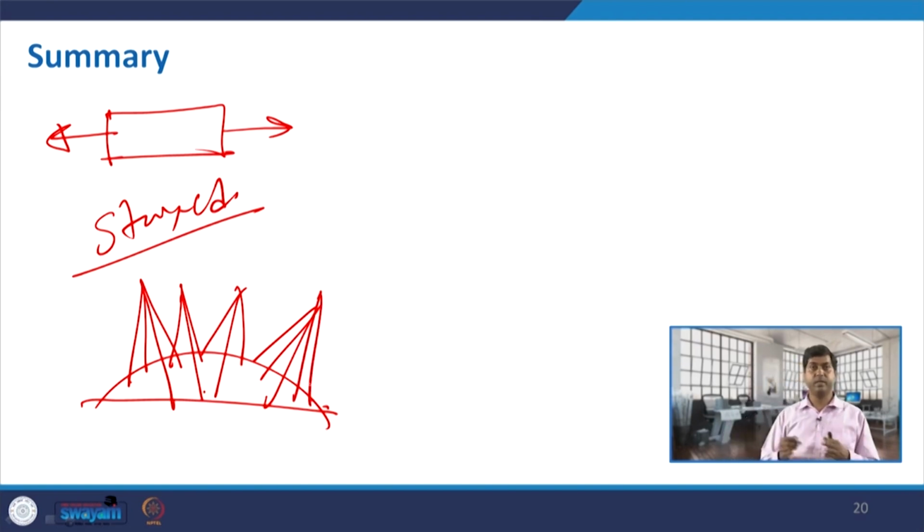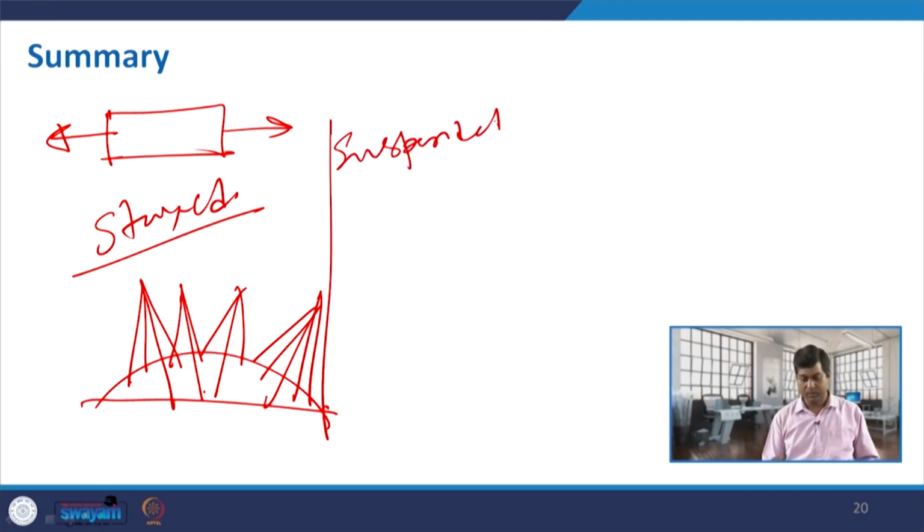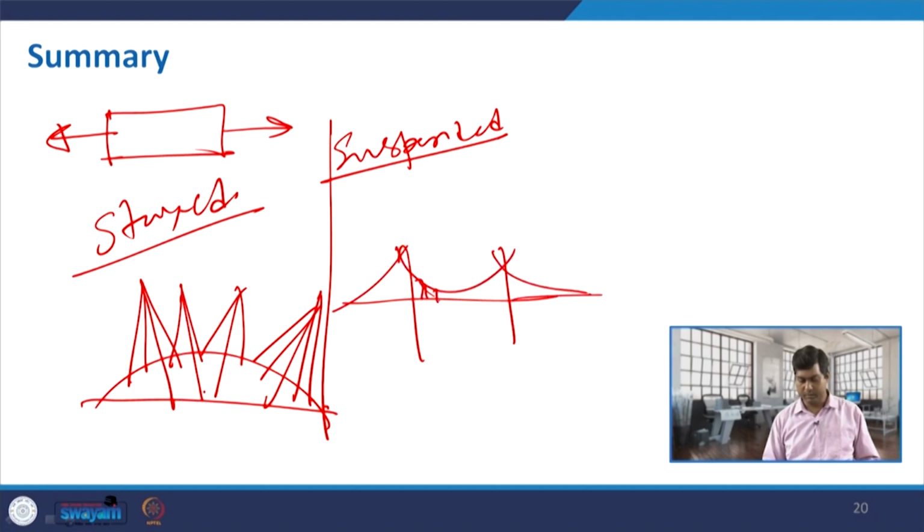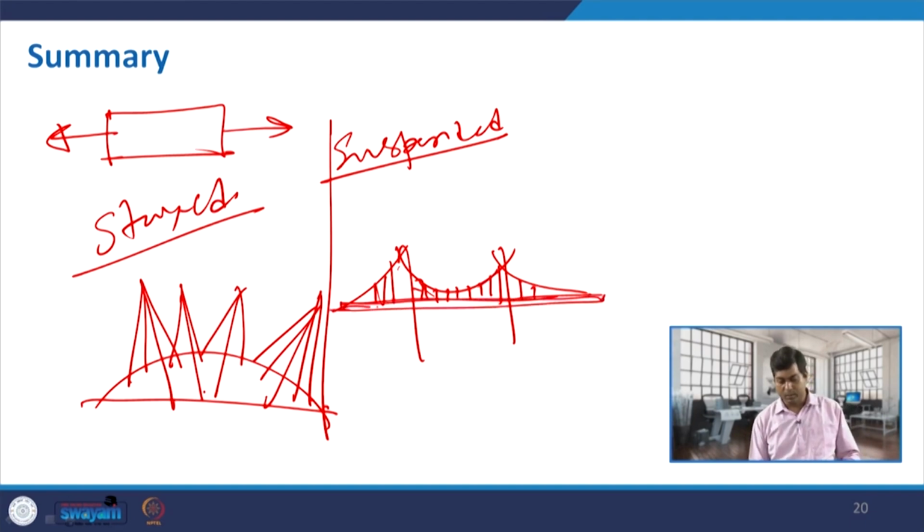So, this is the arrangement of the mast and the straight cable. The next one that we discussed is the suspended one. For the suspended one, we discussed the Golden Bridge, where the main cables and the suspended vertical members are taking care of the load applied on this particular bridge.